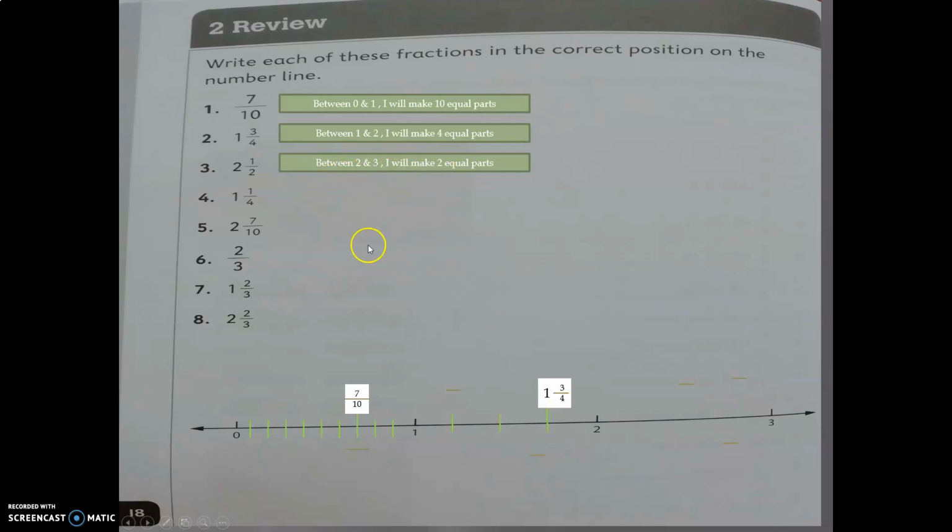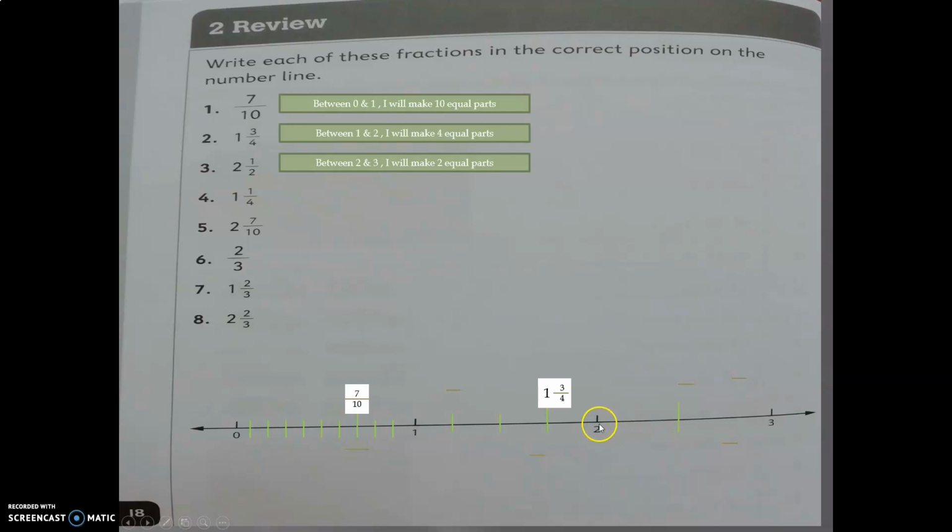So 2 and a half should be after 2, but it is smaller than 3. So I'm going to locate it between 2 and 3. But first I need to cut the area between 2 and 3 into how many equal parts? Look at the denominator, 2. So I need to cut it into 2 equal parts.